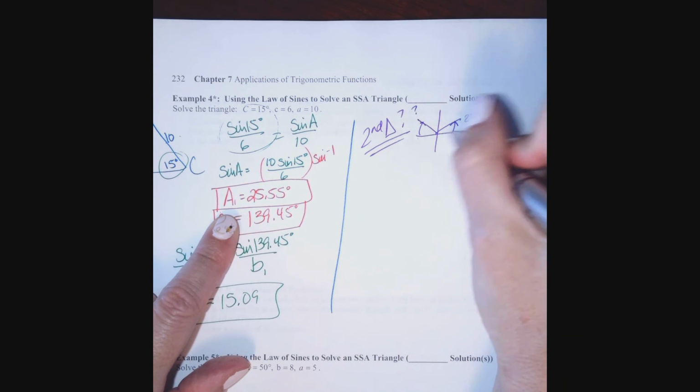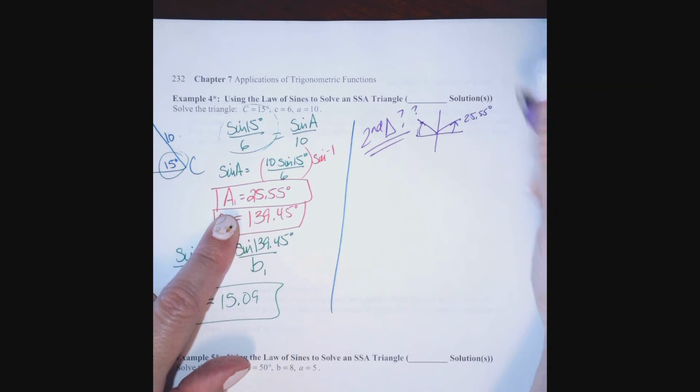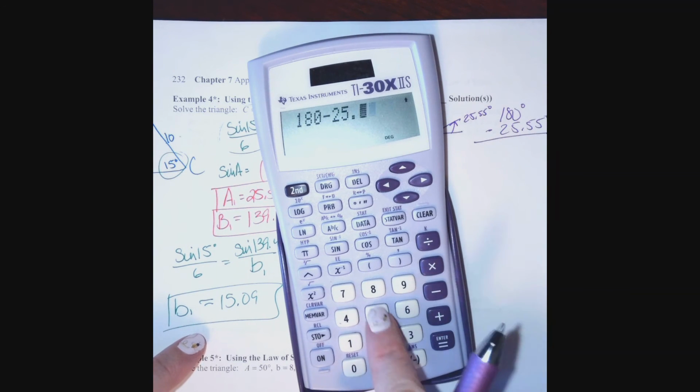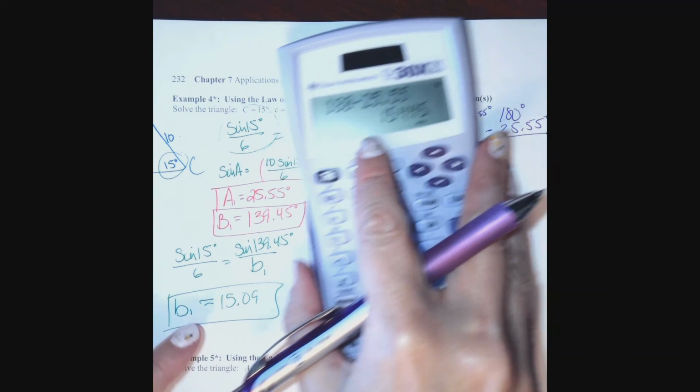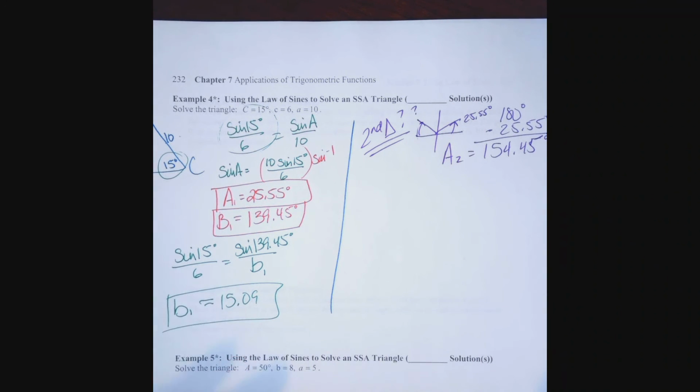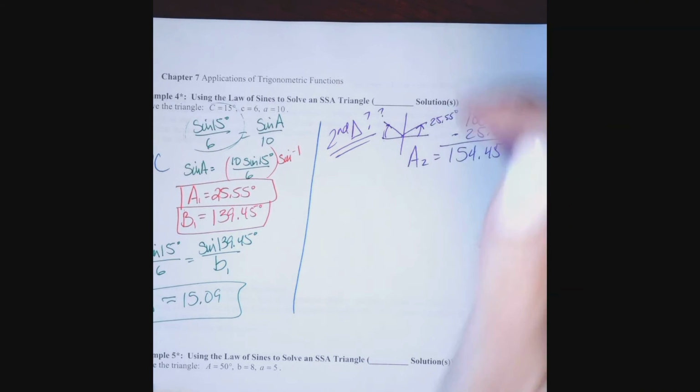Well, it's going to be 180 minus 25.55, which comes out to be 154.45. If I have a second triangle, that is the measure of angle A for that second triangle.